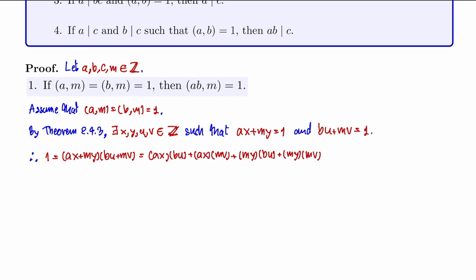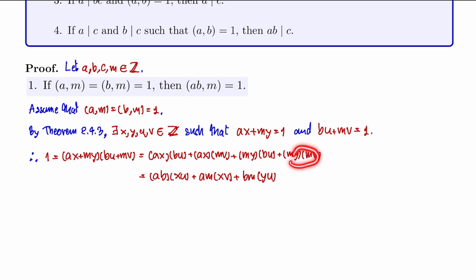Okay, now I'm going to try to have ab and m. So let's multiply the terms. We're going to have abxu for the first term. For the next term, we have m, so we're going to have amxv plus bmyu, because we have m and b here.